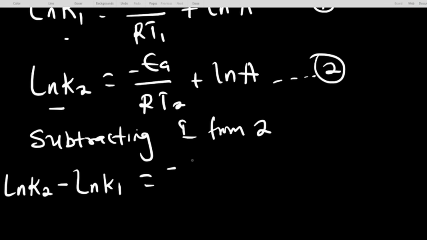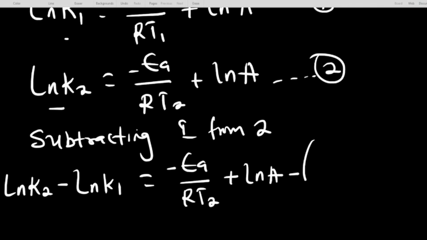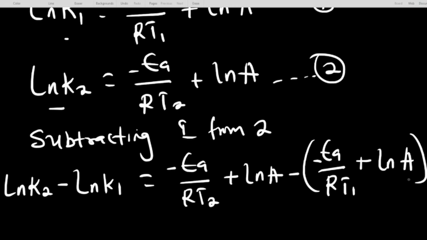negative EA over RT2 plus ln A, then minus our equation 1, which is negative EA over RT1, then plus ln A. Okay.